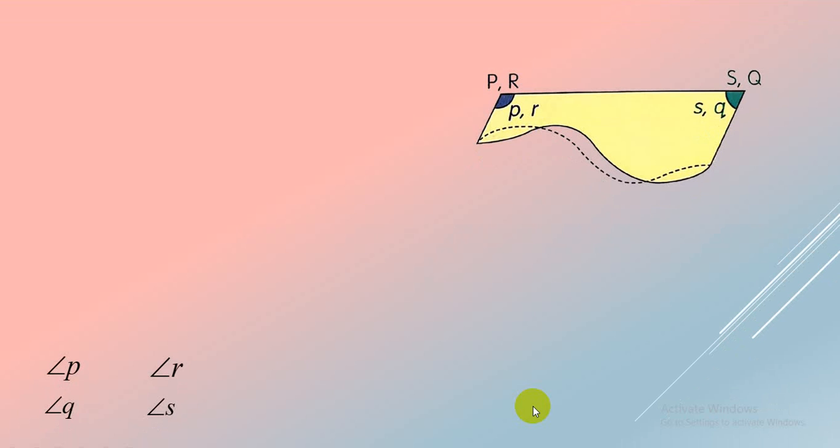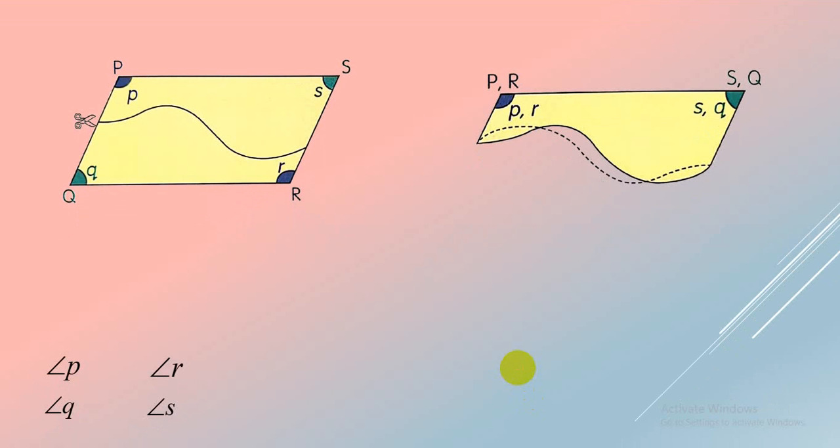Next, remember again the properties of a parallelogram. What are the properties of a parallelogram? Look at this picture first. Great job. A parallelogram has two pairs of parallel and equal sides.